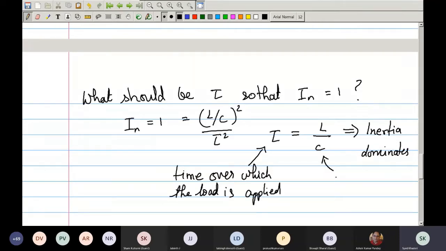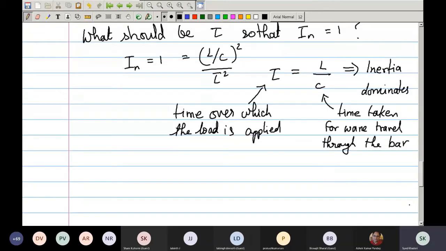This is the time taken for the wave to travel through the rod or bar, whatever you want to say.